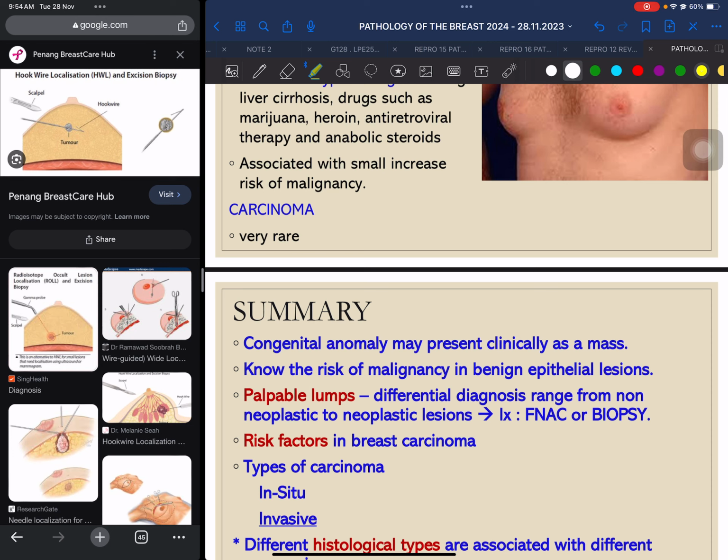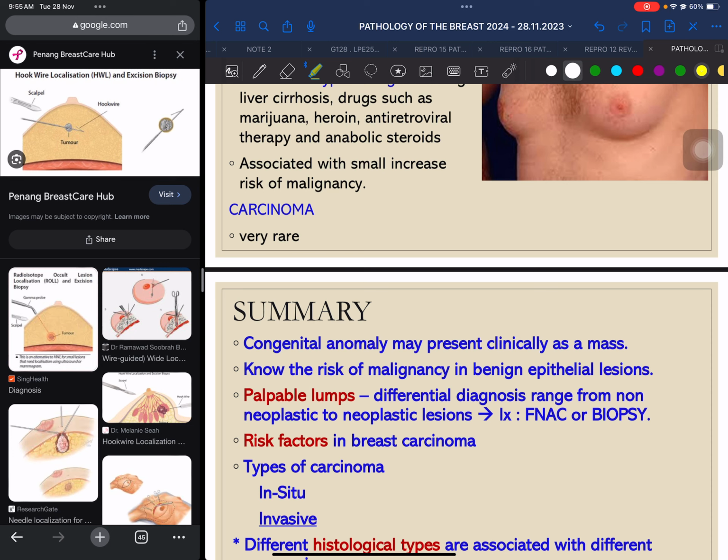Okay, so in summary, for pathology of the breast, you need to know the range of pathology that can occur. You have congenital anomalies, so you need to know the age of the patient.